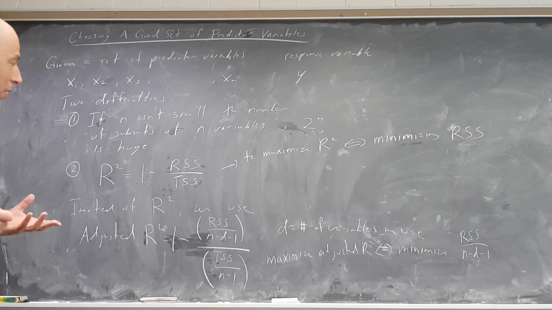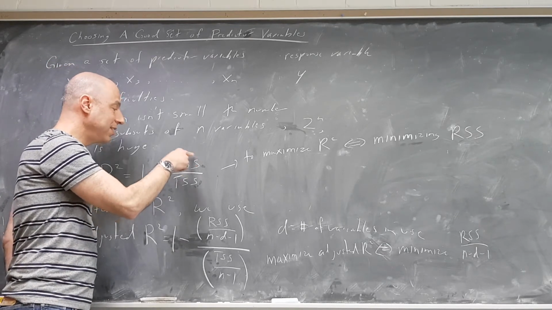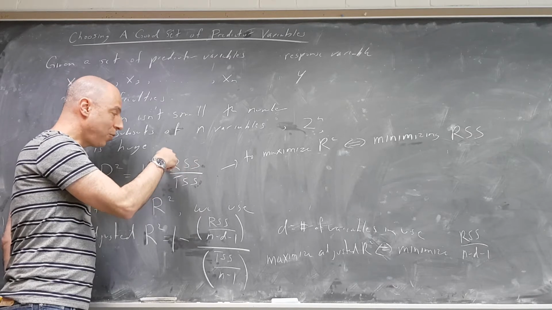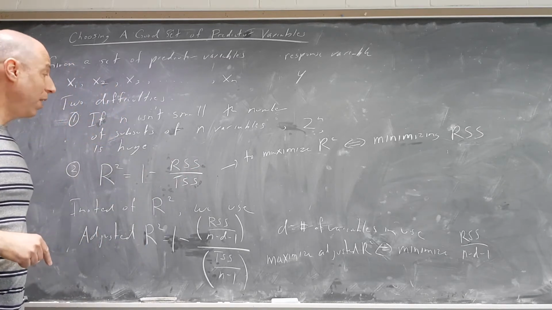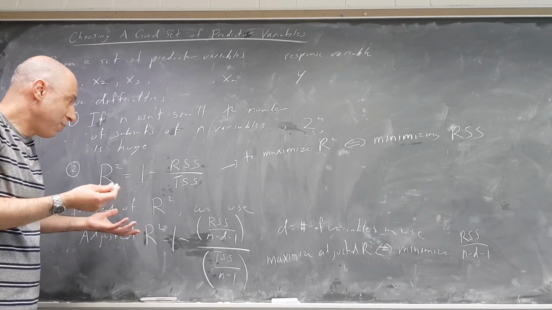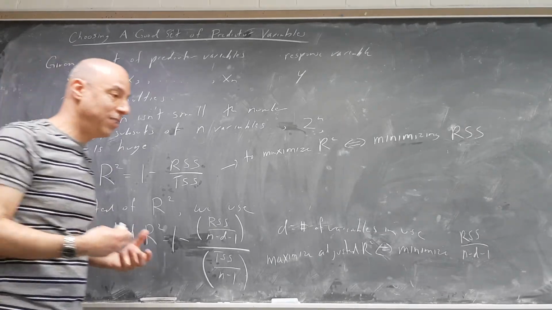Now I said before that even when you add noise variables, RSS is going to get smaller. It might not get much smaller, but it's certainly not going to get bigger. So R squared is going to get bigger even if you have noise variables.